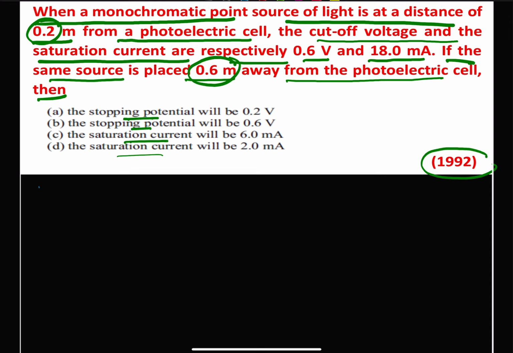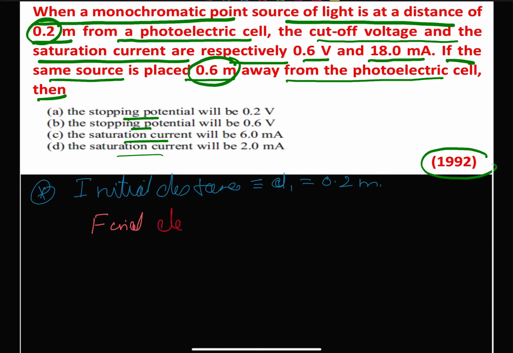So we can say that our initial distance, let us suppose we call that D1, is 0.2 meter, and we have a final distance, that is our D2, and that is 0.6 meters.